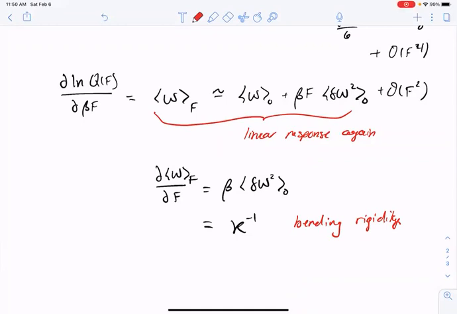Often the bending rigidity is defined through its inverse, because it's defined as the restoring force given an imposed amount of curvature.